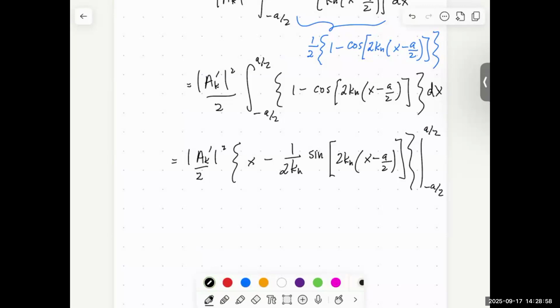But k was n pi divided by a, so the a's are going to cancel, and we're going to get a 2n pi. It doesn't matter what I put in for n, as long as it's an integer, sine of 2n pi is always 0. So this is going to be 0 at both limits.